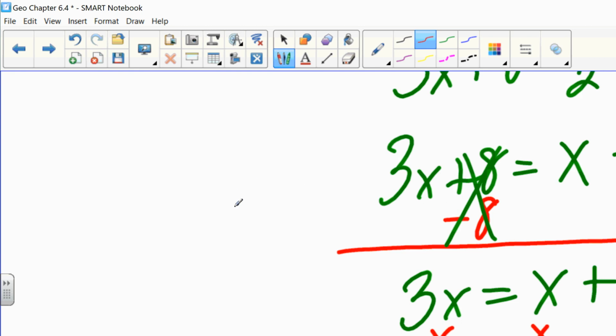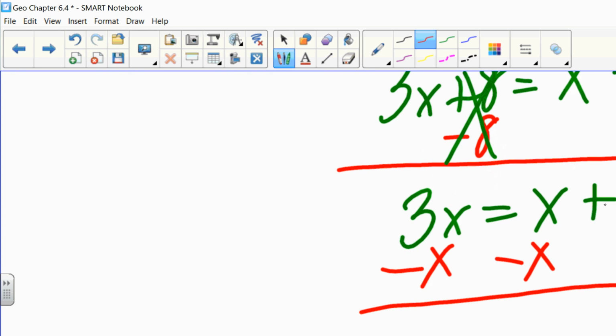Subtract x from both sides, yes. So 2x is equal to 4. And last but not least, we would divide both sides by 2. And what was it asking for? The length of AB, yes?